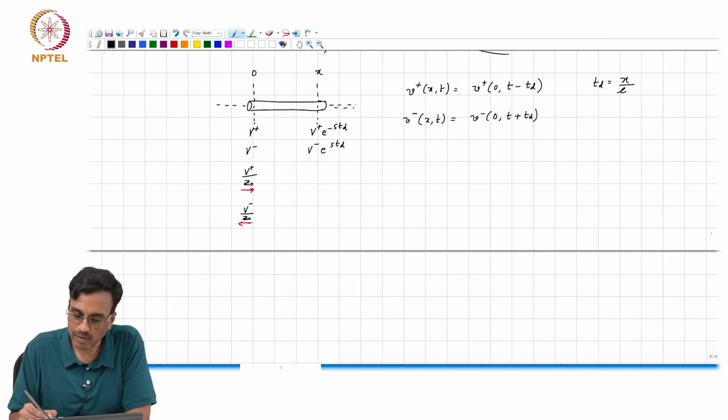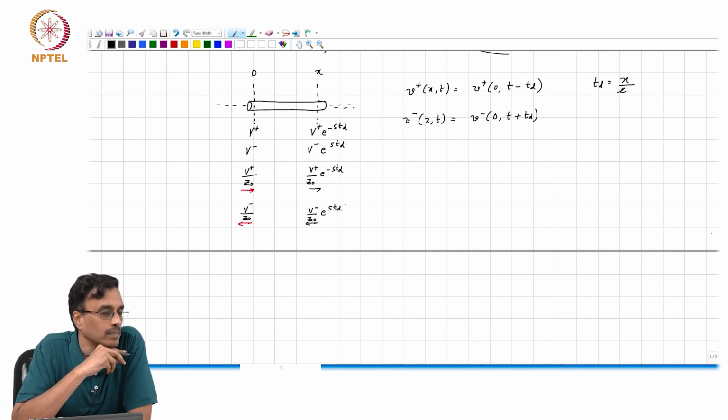And what can we say about the forward current here? It is simply V plus over Z naught e to the minus s times td, and likewise this is V minus over Z naught e to the plus s times td. Correct?